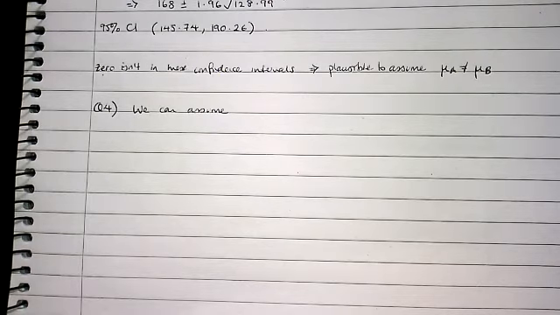So specifically it says, assume the absorption times for the 2 brands are normally distributed with a common but unknown value of sigma squared.